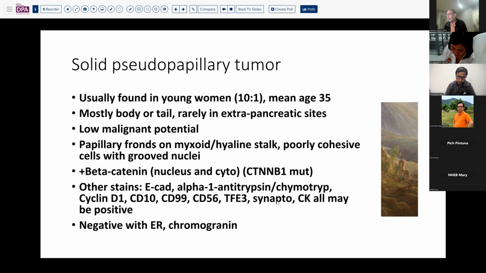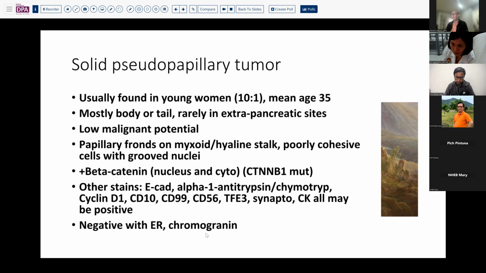Because as you know, the synaptophysin and CD56 can be positive in this tumor as well as in obviously neuroendocrine tumors. And additionally, the alpha-1 antitrypsin or chymotrypsin stains can also be positive, which puts it in a little bit of overlap with the acinic cell lesions as well.